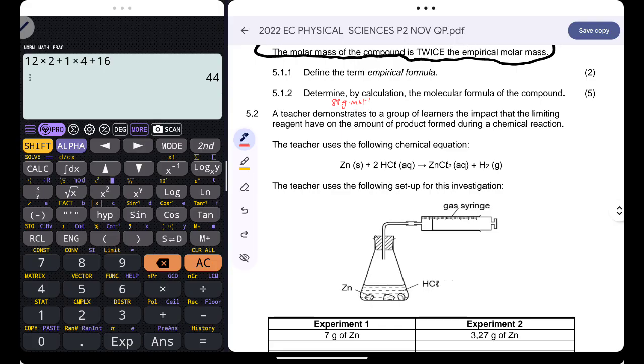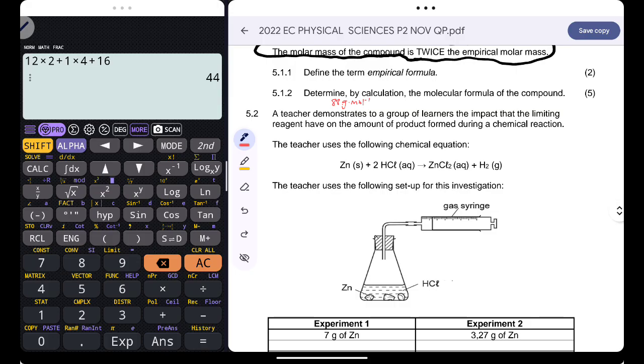Okay, and then we are told that a teacher demonstrates to a group of learners the impact that the limiting reagent has on the amount of product formed during a chemical reaction. The teacher uses the following chemical equation. We have zinc, which is being reacted with hydrochloric acid to form zinc chloride and hydrogen gas.